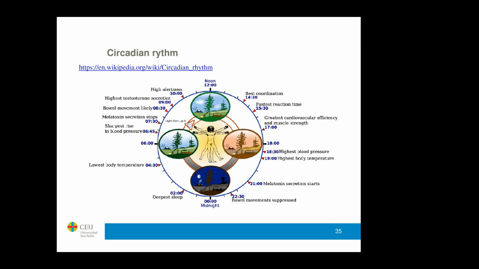So here, for instance, melatonin secretion starts. How does the body know that it should secrete melatonin? There must be some circuit that is making this cycle. Actually, the cycle is synchronized with the light. So if you stay very long without light, this cycle and the clock desynchronizes.